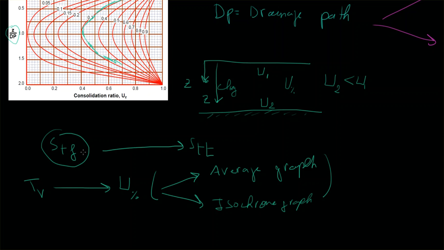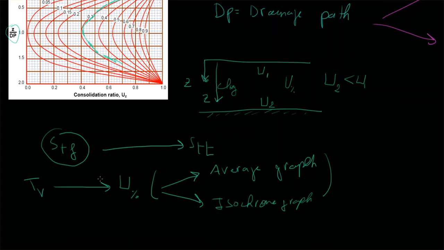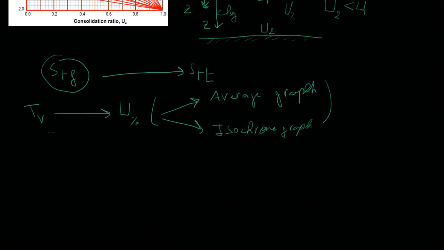But this method bases itself on finding the final settlement first, right? But there's another method. Let's say I could find STT directly.